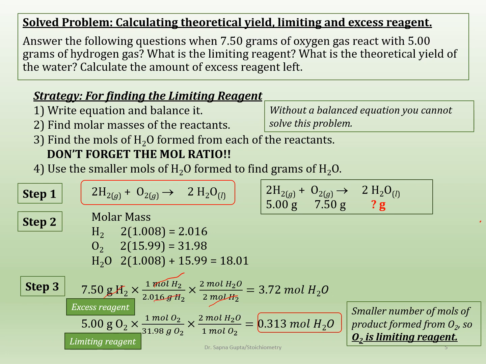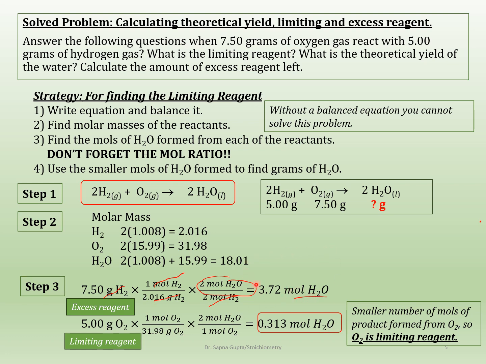And so grams and grams, moles and moles, you're left with moles of water, okay? So then for the other part here, for the oxygen, same kind of thing. So grams of oxygen converted to moles of oxygen, and then with the mole ratio. So the mole ratio of oxygen to water is 1:2. So 1 mole of oxygen to 2 moles of water. And the answer you get is 0.313 moles of water.